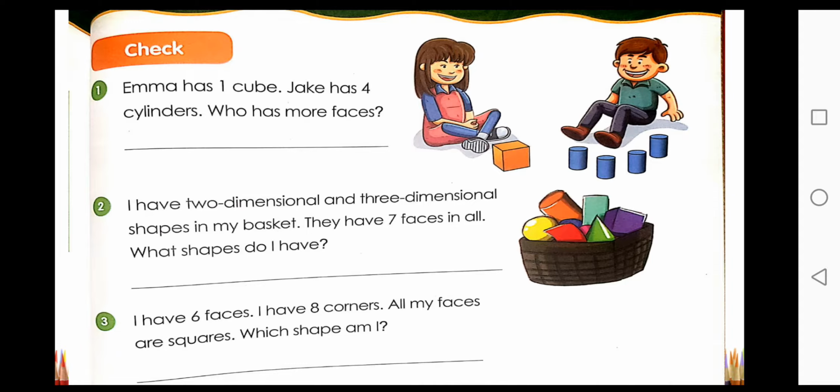What shapes do I have? Now here you can, of course, change up the shapes that you have, but I want them all to have 7 faces in all.